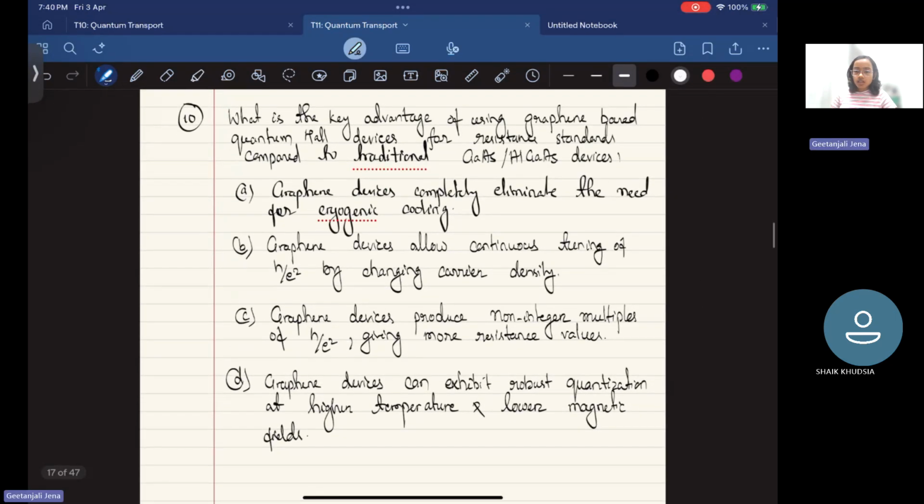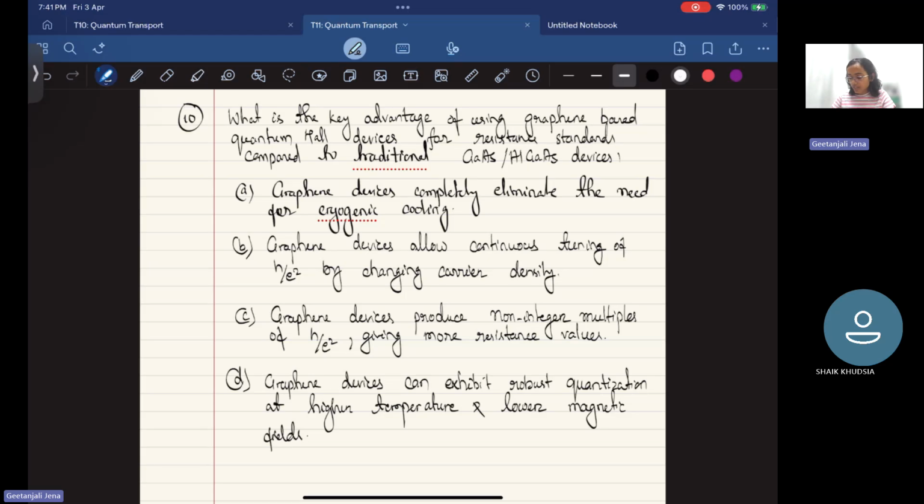Question number 10. What is the key advantage of using graphene-based quantum Hall devices for resistance standards compared to the traditional gallium arsenide or aluminum gallium arsenide devices? Option A: graphene devices completely eliminate the need for cryogenic cooling. Option B: graphene devices allow continuous tuning of h by e squared by changing the carrier density.